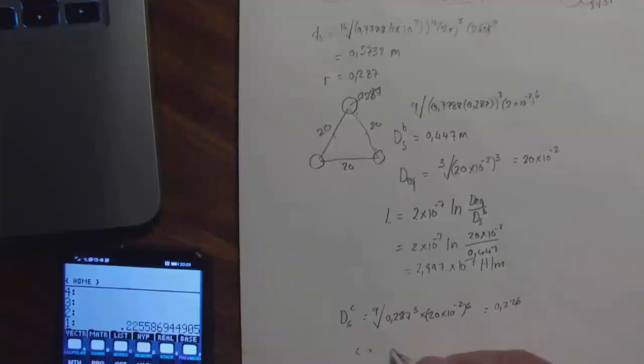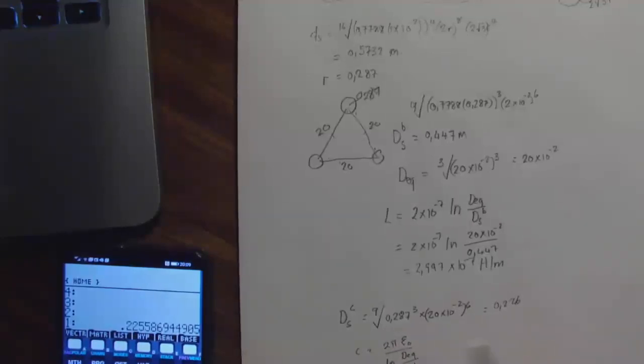And C is equal to 2 pi epsilon 0 over the ln of the equivalent over Ds of the capacitor.